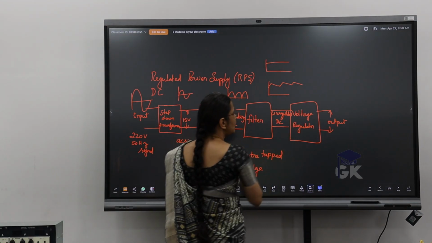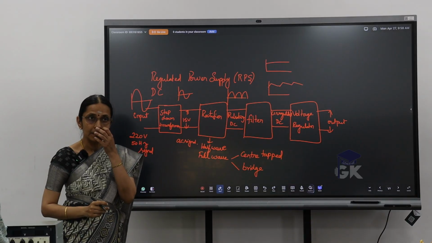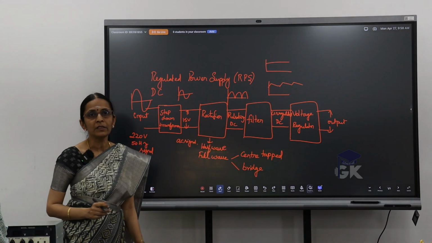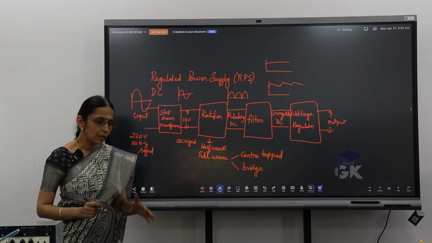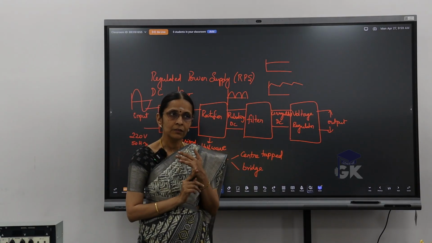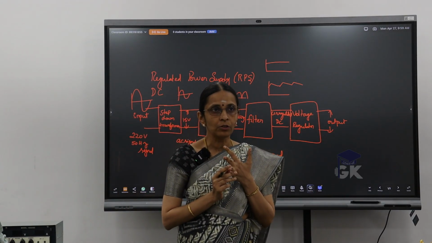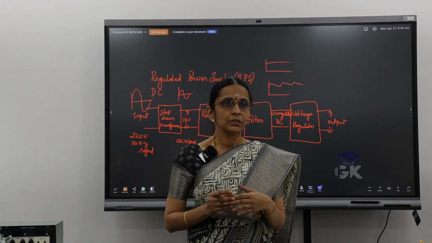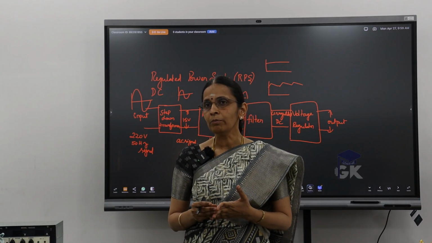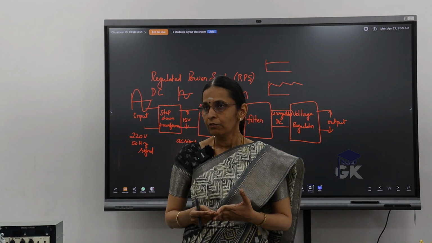So here I have my unregulated DC. Now what could be the components that can be used for filtering? A capacitor. You can make use of your capacitor or your inductor also, in combination with a resistor. Okay, so generally all the three passive components can be used for the filtering.